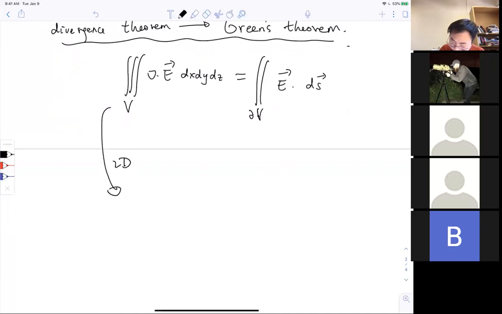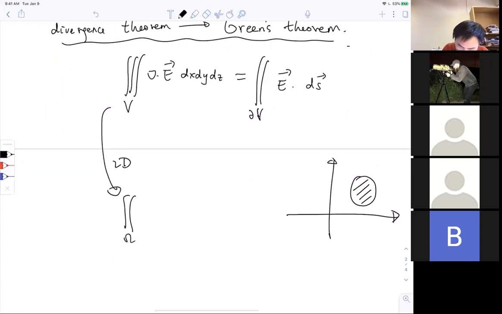Now the volume in 2D becomes an area, right? And the boundary of this volume becomes a loop L. This is L, and E is still E, dS.